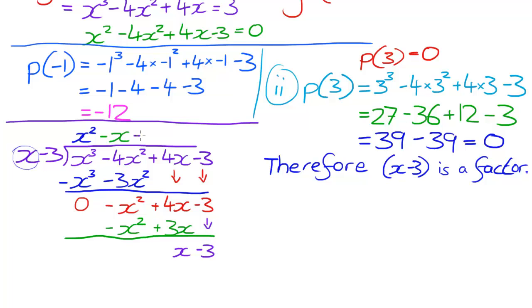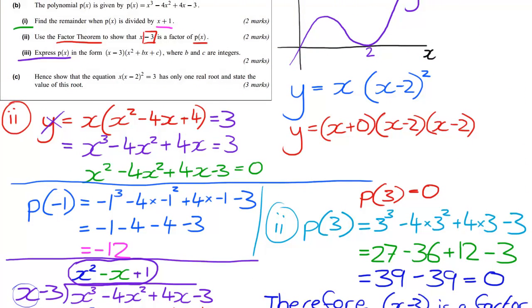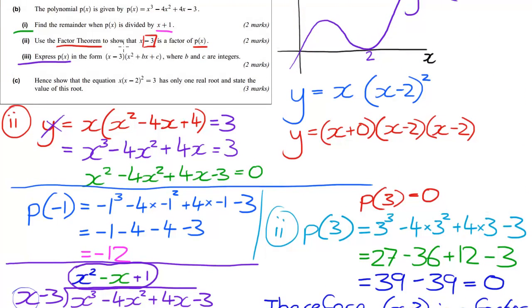So we can put a plus 1 on there because 1 times by this, and then x minus 3 in here, do this, and it's 0 and 0. So that there, up there, that is, if we go back to the question, that is what we were looking for from here. There we go, that's our x squared plus bx plus c. So that is what the answer is for that question.